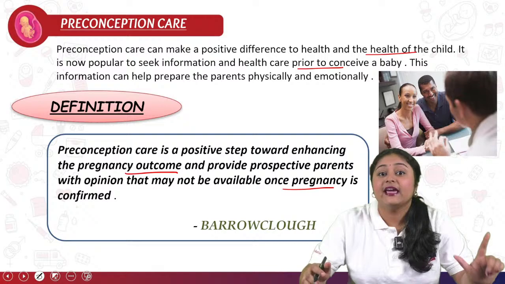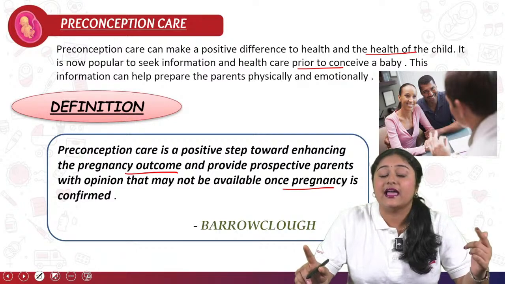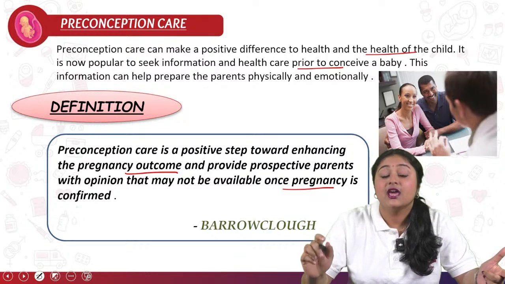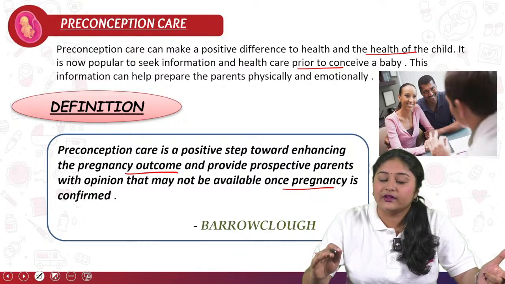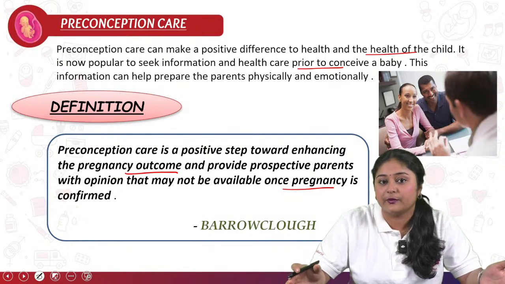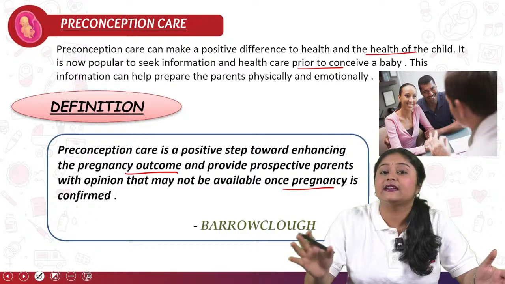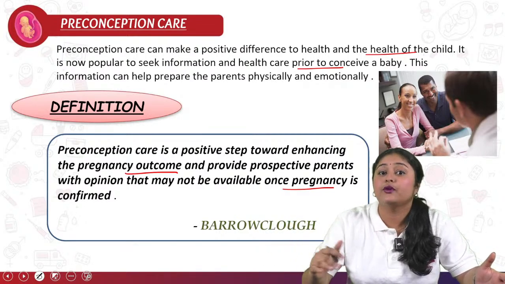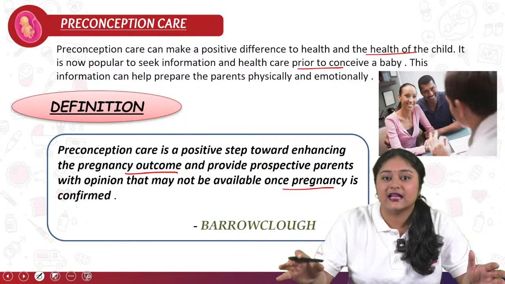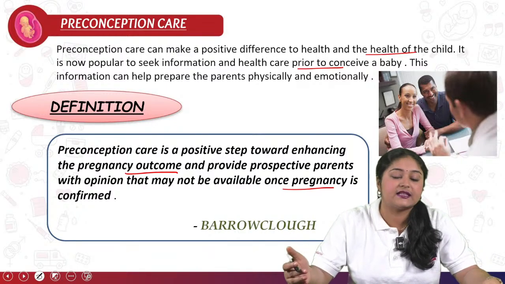As I said, take a genetic disorder like thalassemia. If either parent has thalassemia or is a carrier of the thalassemia gene, and they have already conceived, then it is too late to give that information about whether the baby might get thalassemia. So before conceiving the pregnancy, we have to give that information: what might happen, and what percentage chance there is of the baby getting thalassemia. This kind of information is known as preconception care.